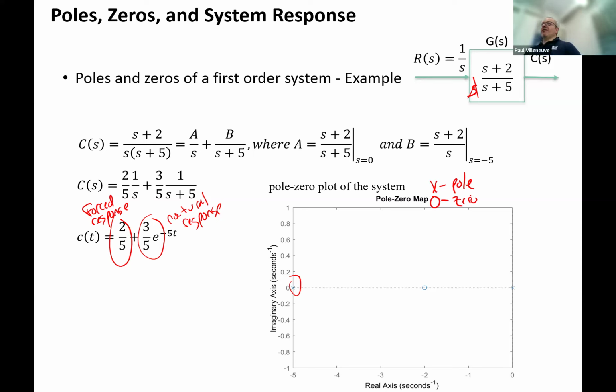All I really care about is what are the locations of the poles. If the poles are in the left-hand half plane, and all poles are in the left-hand half plane, this is a stable system. Okay? And that's the poles of the transfer function, not of the output function.